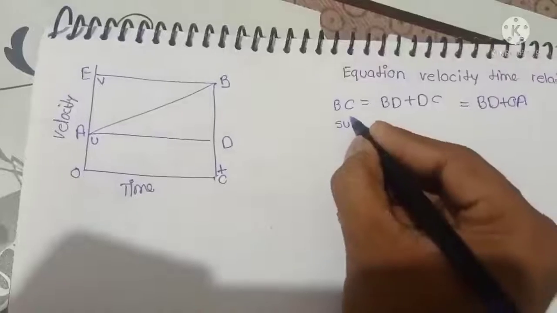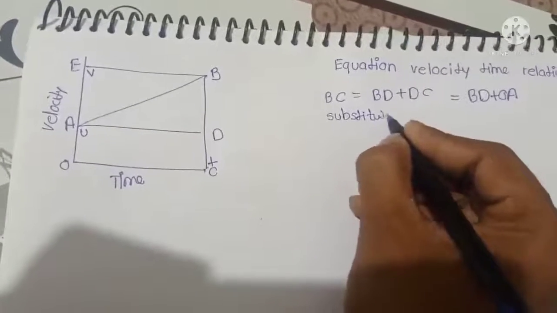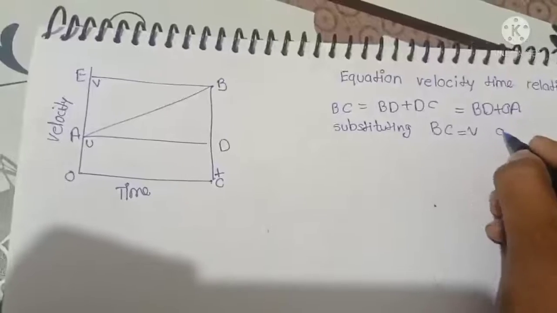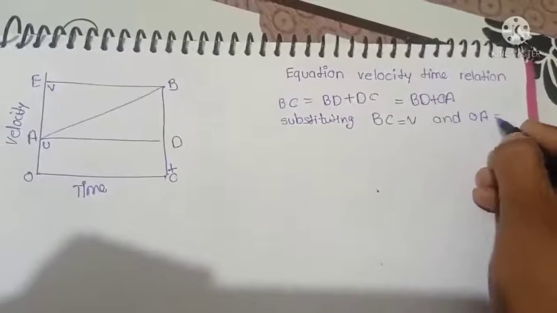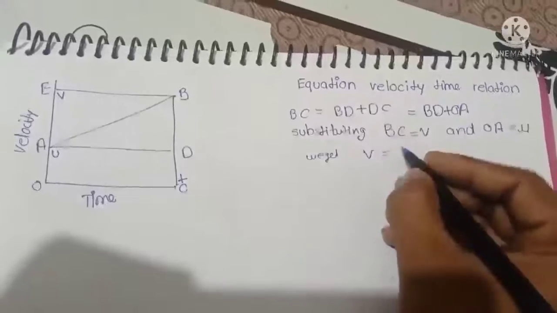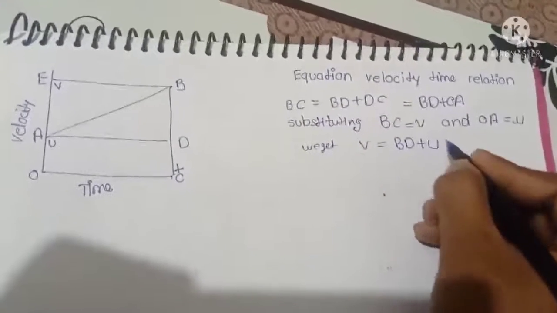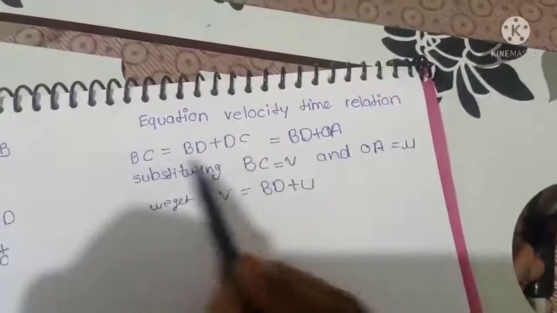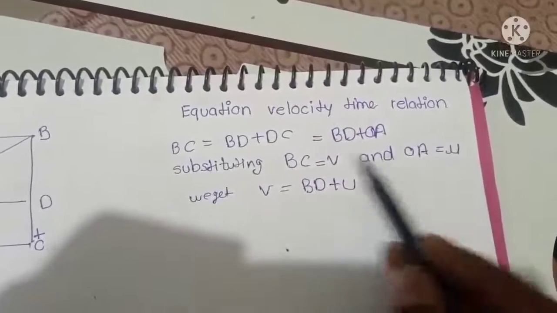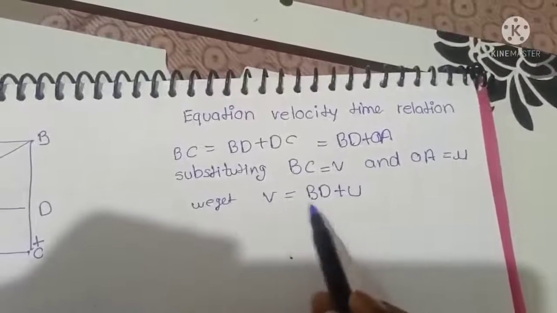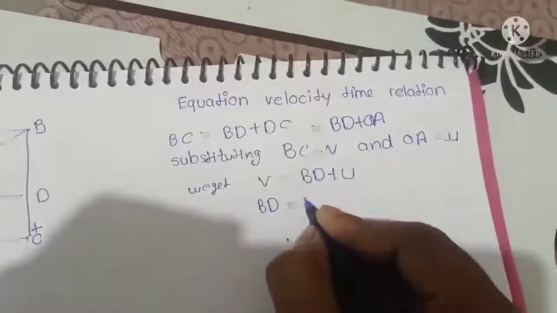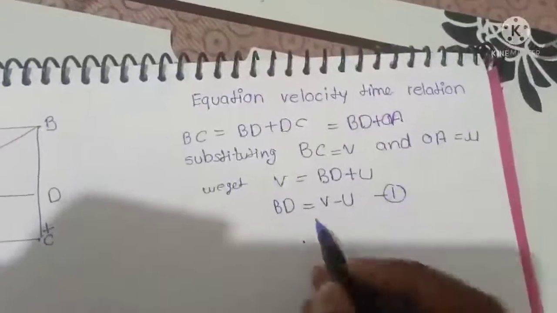So substituting BC equals V, the final velocity, and OA equals U, the initial velocity, we get V equals BD plus U. So BD equals V minus U. This is going to be our first equation.